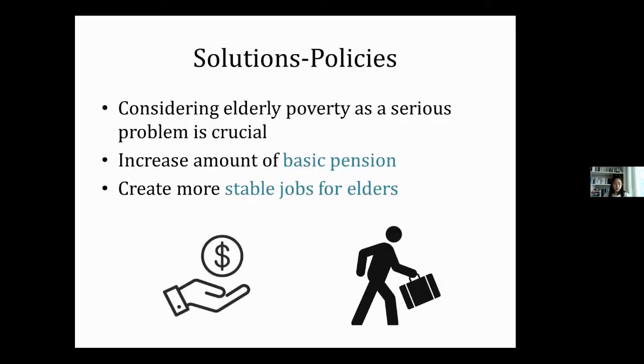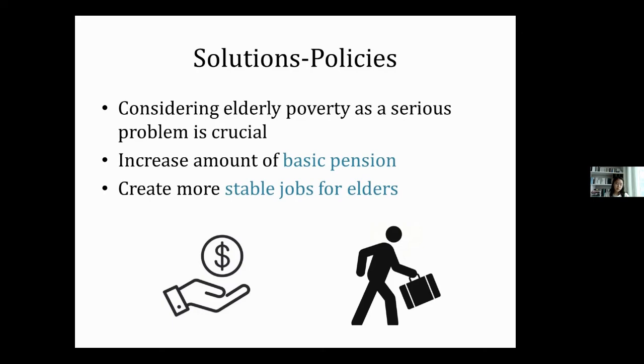In order to reach no elderly poverty, strong policies should be enforced, since the problem of poverty is not likely to be solved with only individual efforts. First of all, increasing the amount of basic pension for the elderly is needed. This way, seniors in poverty would have an easier time sustaining themselves.